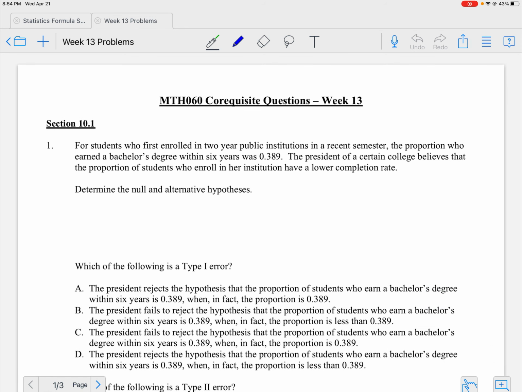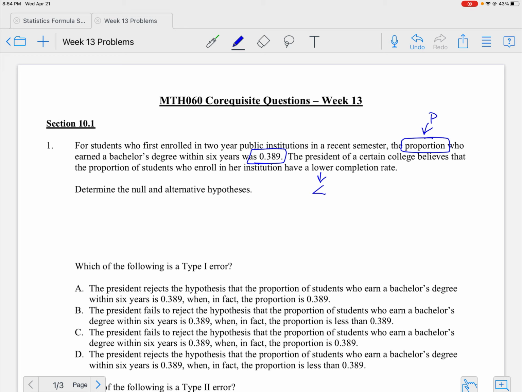For students who first enrolled in a 2-year public institution in a recent semester, the proportion, so all of these words make an impact, who earned a bachelor's degree within 6 years was 0.389. The president of a certain college believes that the proportion, again, there's that word, of students who enroll in her institution have a lower. All right. So statistics is all about these words that we have going for us here, right?